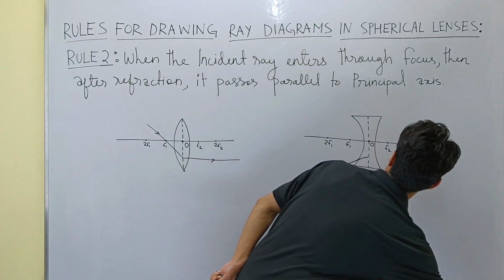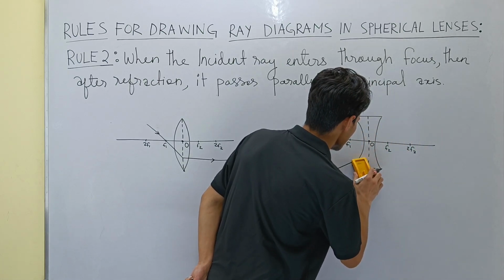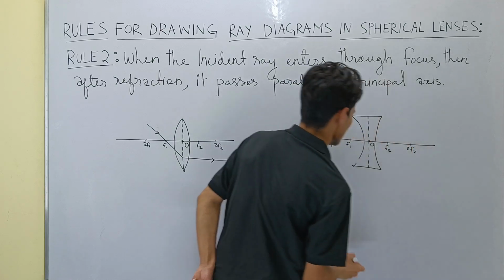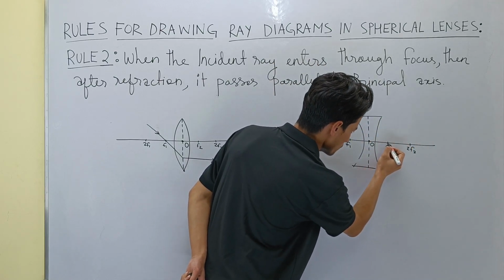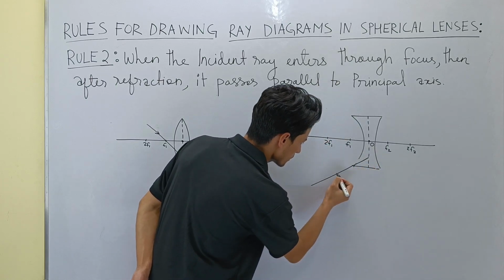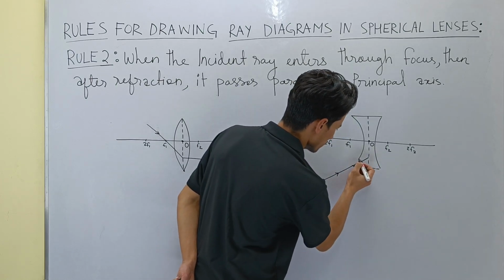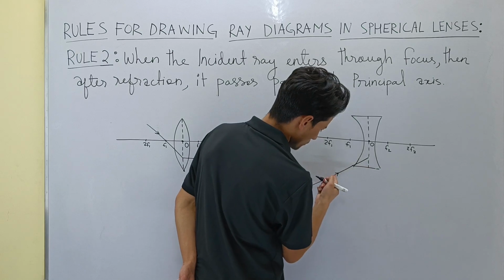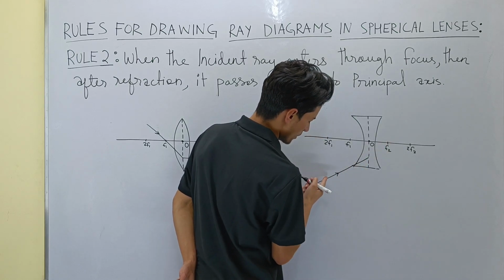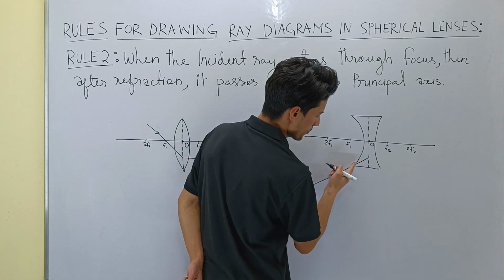It should aim for f2. So let me do a slight correction. I have to make the ray touch the aperture, so that is the problem. Yes, let's do it like this. This is more accurate now. If you trace this line, it's aiming for f2, isn't it? So this incident ray is aiming for f2.